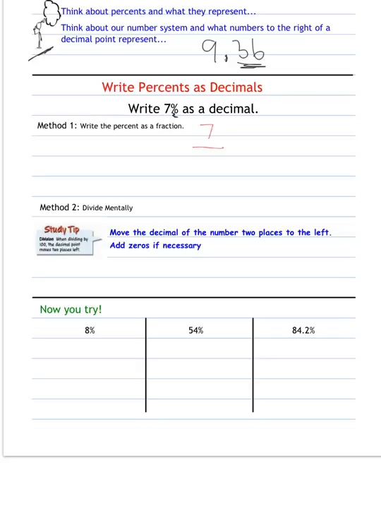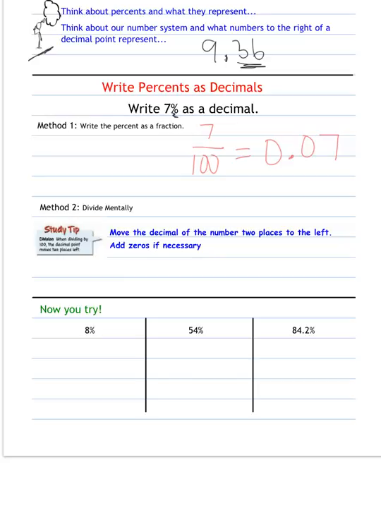So we can write it as 7 over 100. Now, since it's in a fraction form, we can write that as a decimal. 7 hundredths tells us that we are in the hundredths place, second spot after the decimal, and our decimal will look like that.